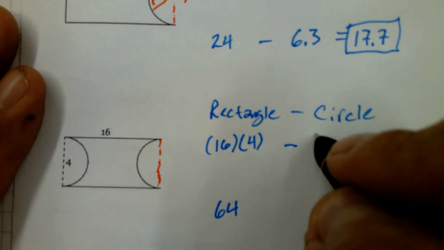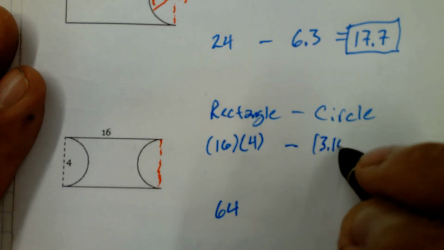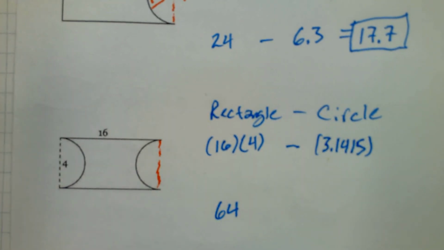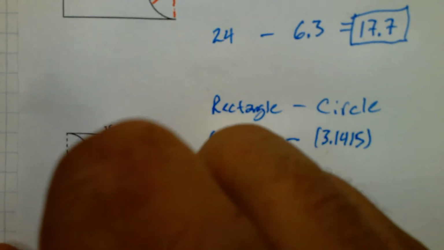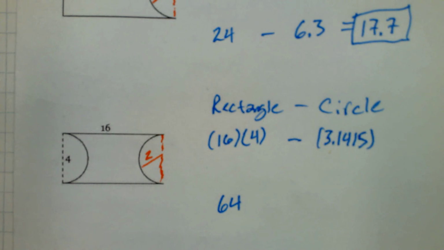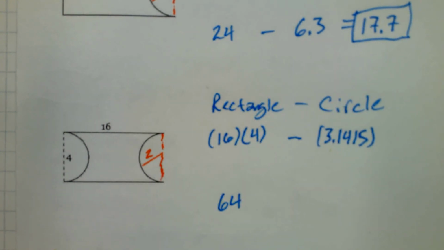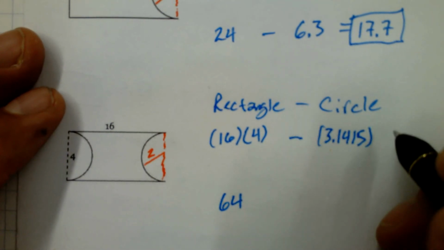Minus the circle, pi r squared, so 3.1415. And what's my radius? 2 again. Should we just get it from the area? Well, no, because it has to be double that. But we could do that. 12.6.